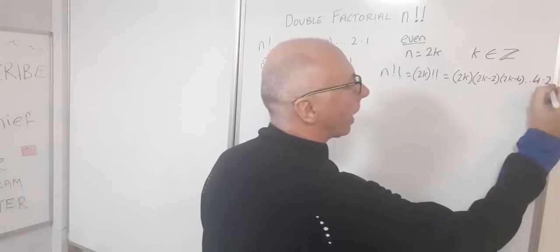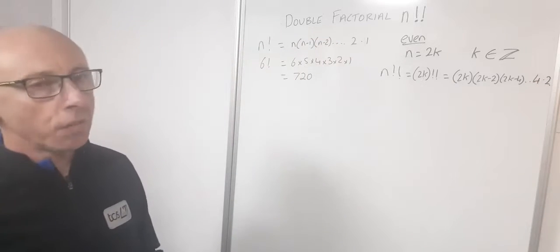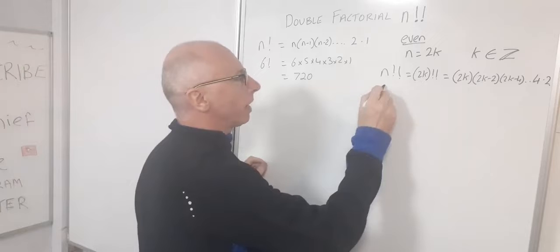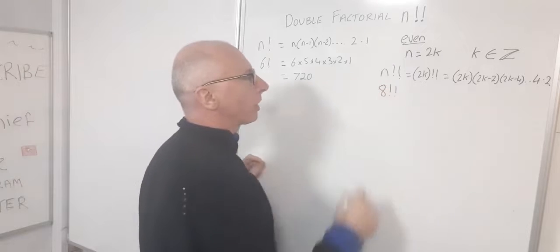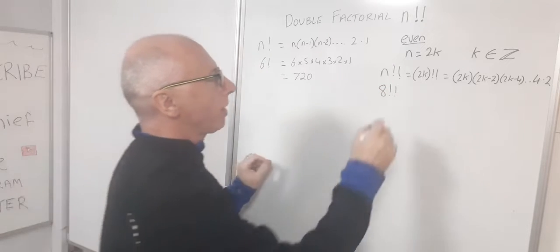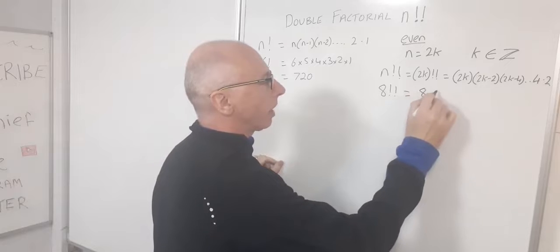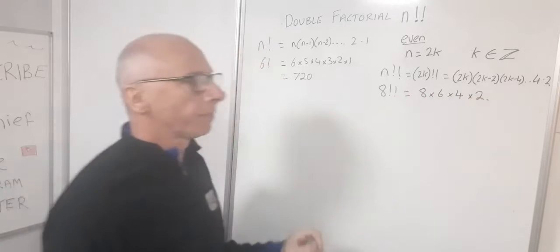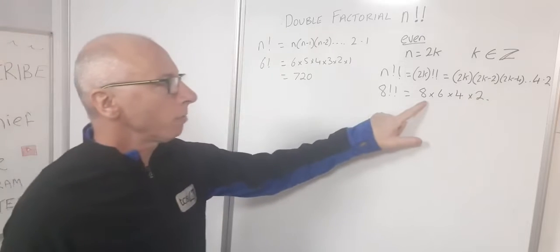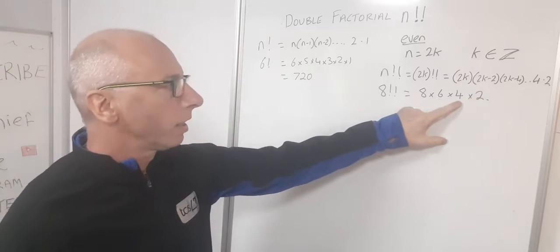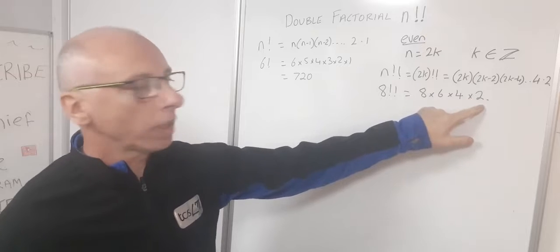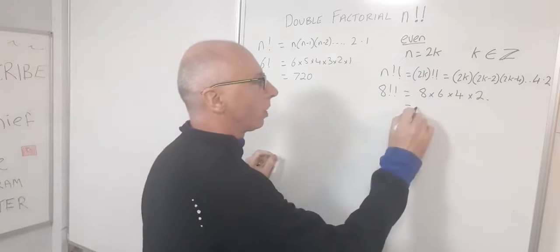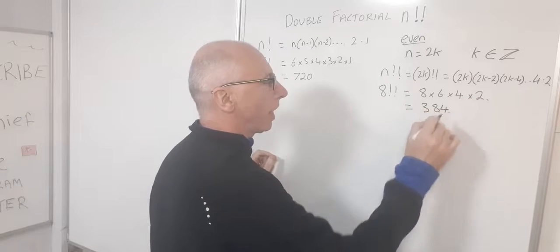So for example, if we did 8 double factorial, we'd write this as 8 times 6 times 4 times 2. So if we do our sums on this, 6 8s are 48, times 4 is 192, times 2 is 384. So that's 384.